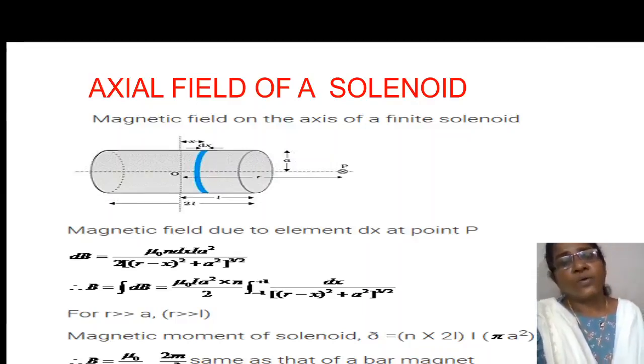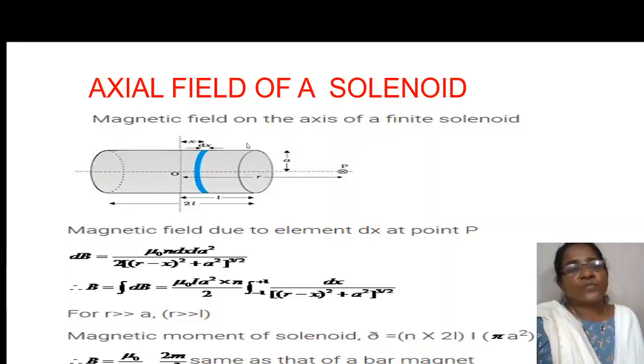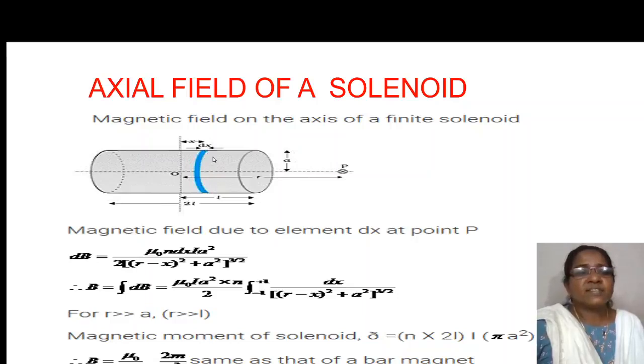Now, this section is of thickness dx. Therefore, the number of turns present here is small n into dx. So, this element is at a distance x from the center and our point, the point for finding the magnetic field intensity is P, which is at a distance r from the center of solenoid and current passing is I. So, this has a radius a.